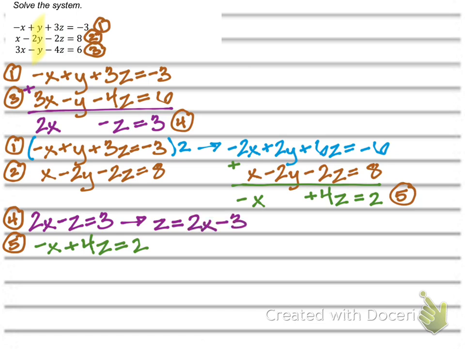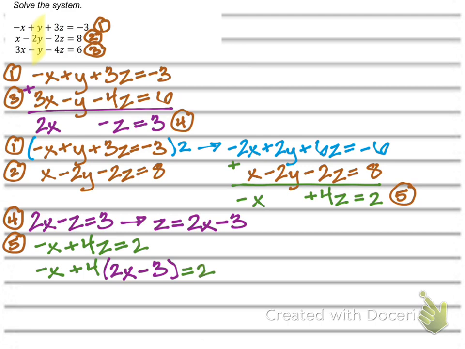If I add z to both sides and then subtract 3 from both sides. So then in equation 5, I can replace z with its value, which is 2x minus 3. And then this equals 2.